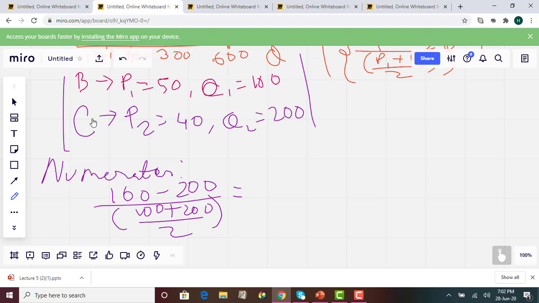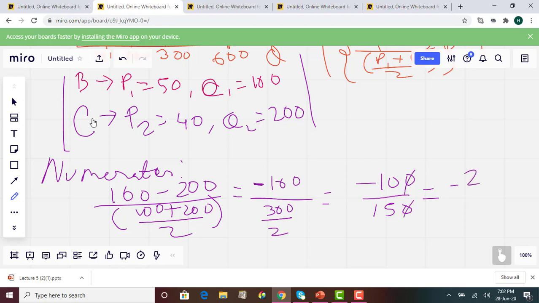We end up with 100 minus 200, which is minus 100, divided by 200 plus 100, which is 300 divided by 2, so minus 100 divided by 150, or minus 2 by 3. Okay, so that's the numerator.